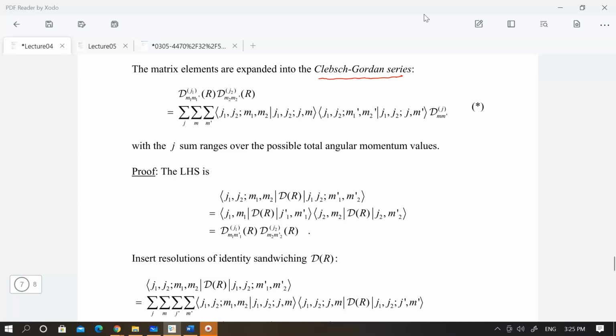This is defined as C J1, J2, already defined in terms of the total rotation operator here.